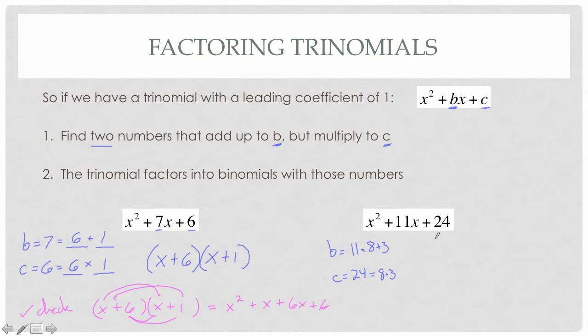So this factors into x plus 8 times x plus 3. I'll let you check this one, but you can see 8 times 3 is going to give me the 24 when I multiply it out. And then when I have 3x plus 8x, when I multiply all my terms, that's going to give me the 11x. So there is my factored form of that one.